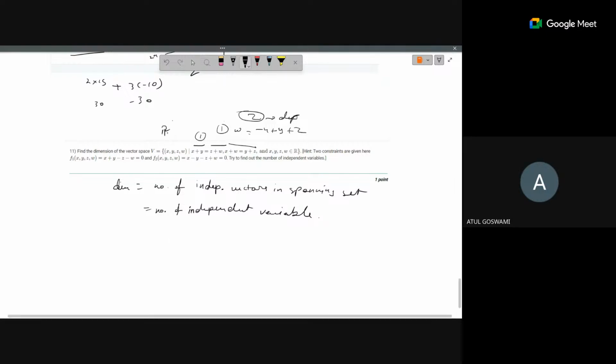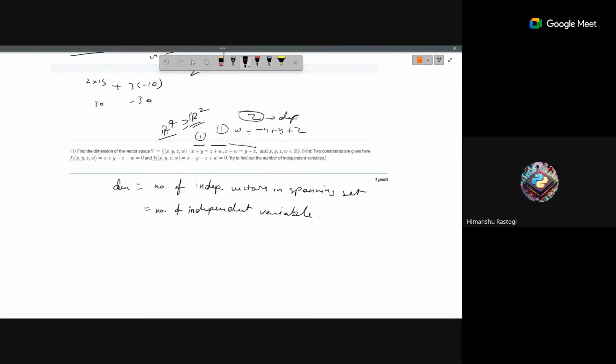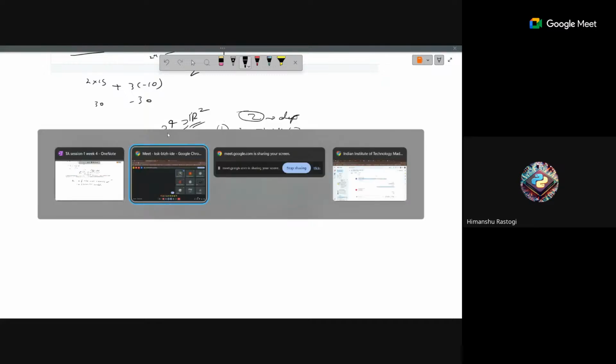But in R4, this vector space is a subspace, clearly lying in R2 only. R2 is a subspace, right? You already know this. Okay, got it.